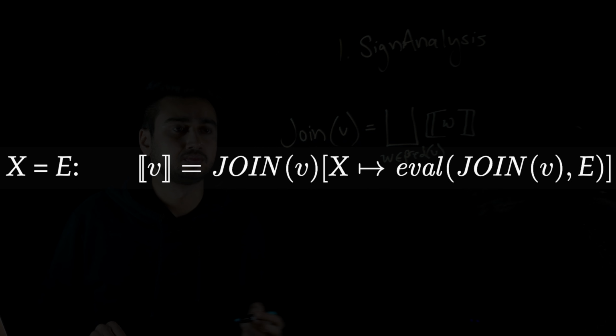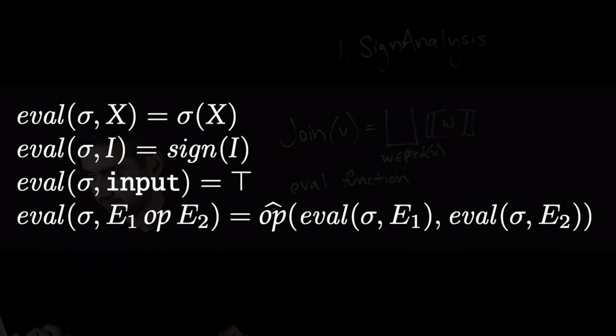In particular, we're going to change the mapping of x from whatever it was to eval of join of e. Eval is a function that will just determine the sign of e in the current state of the program. So for example, if e is just a variable and we call eval on it, we're going to look up the sign of that variable in the state of the program.